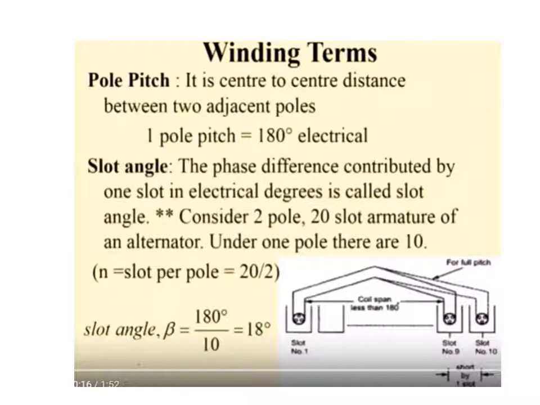The salient pole type rotor has a large diameter and small axial length. Because of the large diameter, around 30 to 36 poles can be placed on a salient pole rotor. But the cylindrical or non-salient pole rotor has a very small diameter and large axial length.